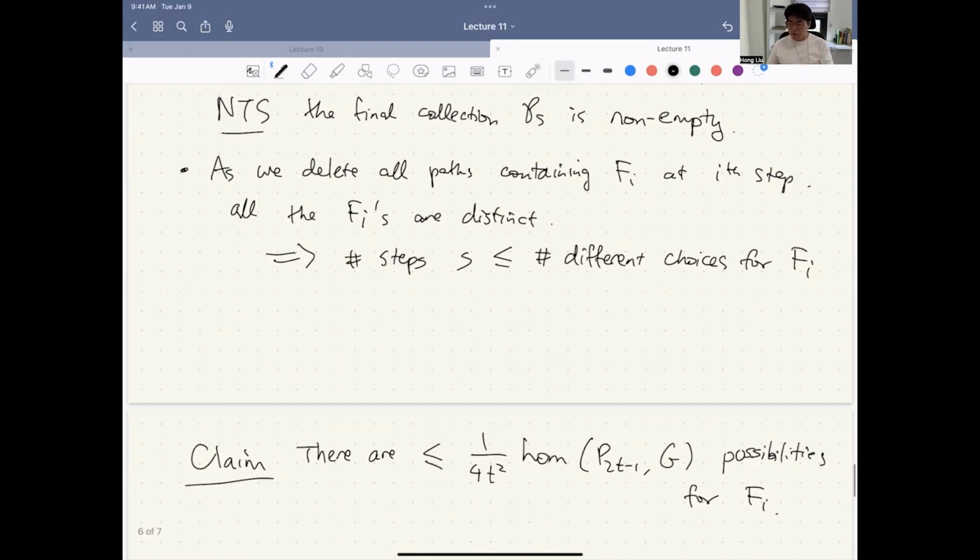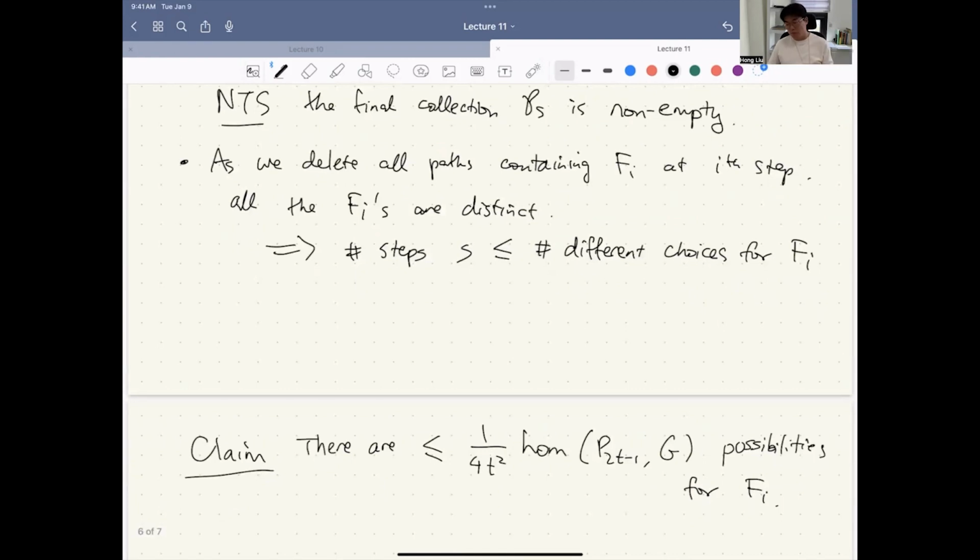Why is this enough? Let's finish the proof assuming this claim. All right.